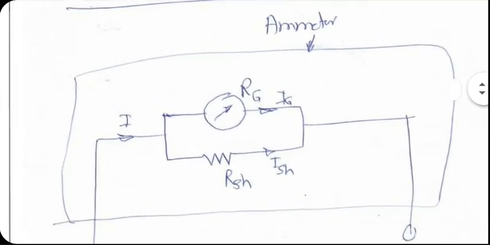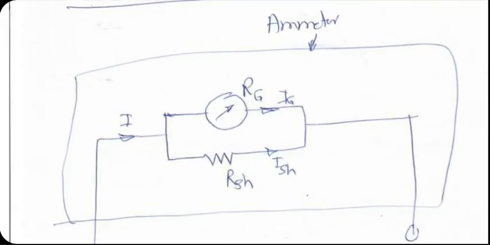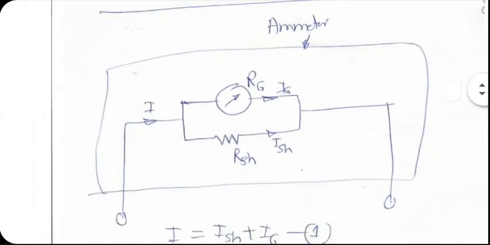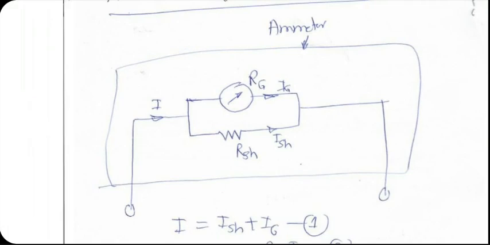I have got an ammeter, a galvanometer, whose internal resistance is given to me and whose maximum current carrying capacity is also given to me, which is supposed to be 100 microampere in most cases. And this is the way the connections are made.